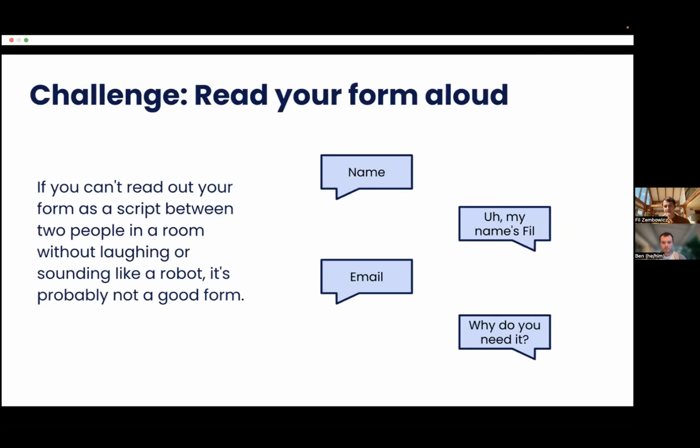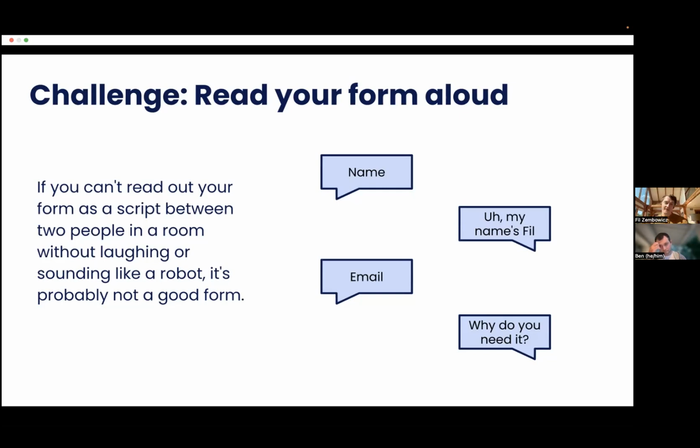And so my first tip is really: read your form aloud. This may be kind of silly and isn't necessarily a magic bullet, but I think it can really identify places where things are awkward or robotic or seem forced. And it's a good place to identify things that might not actually make sense, right?